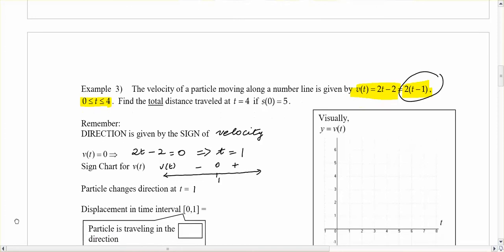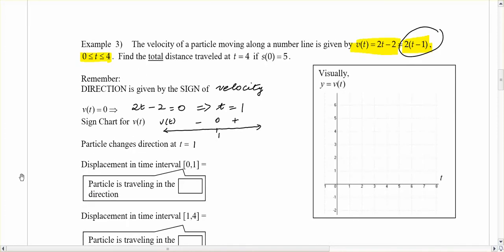And so I need to see what's happening in the different parts of the journey. The first part of the journey from time 0, we started at time t equals 0. When we start at 0, I'm going in the negative direction until I get to 1.